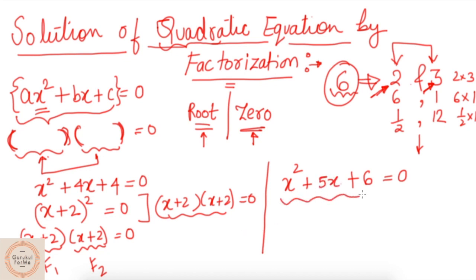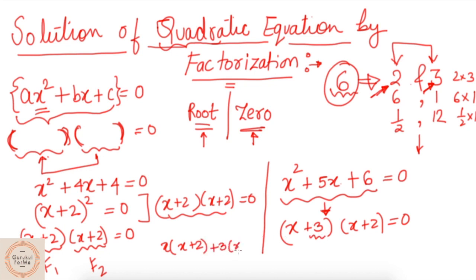When you solve this, you would get x plus 3 and x plus 2 is equal to 0. Forget for now how you solve this. You say x into x plus 2 plus 3 into x plus 2 is equal to 0. When you expand this, you should get x square plus 5x plus 6 is equal to 0.